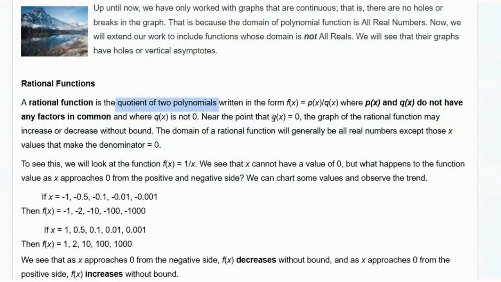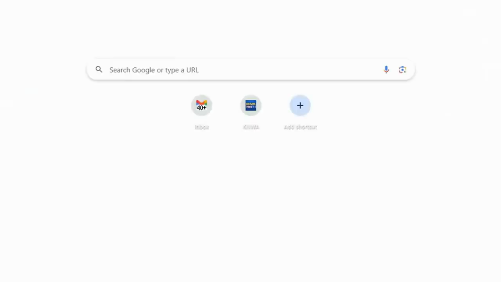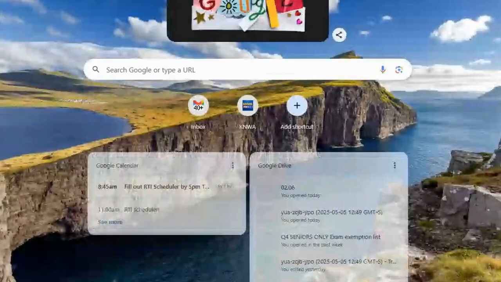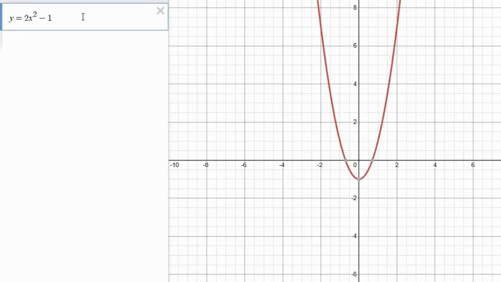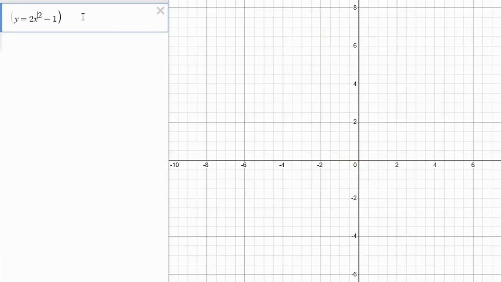So near the point that Q of x equals 0, the graph of the function may increase or decrease without bound. So let's take a look at what they're talking about. Let's just graph this equation that I just totally made up. So I have no idea what it's going to look like, other than it's going to have an asymptote wherever that denominator would be 0. So let's do 2x squared minus 1. And I need to put that in parentheses so it puts it all in the numerator.